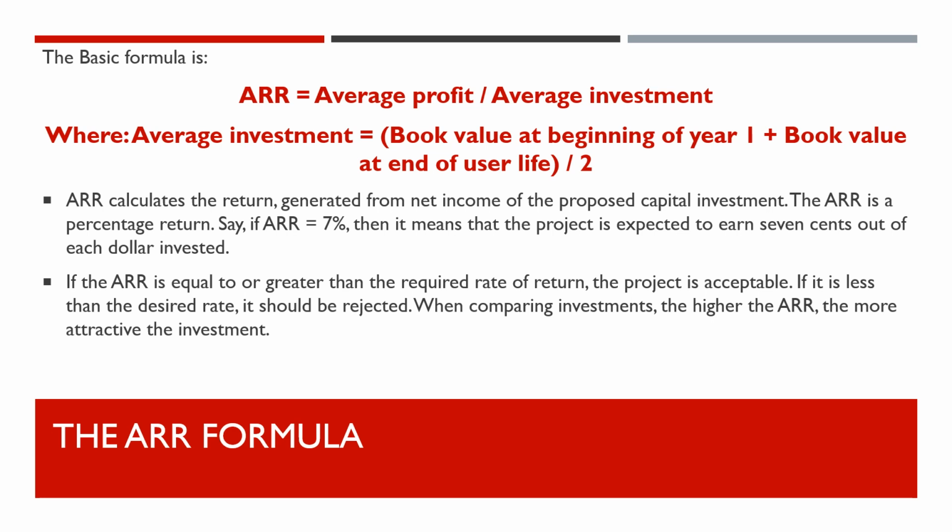The ARR is a percentage return. Say, if ARR equals 7%, then it means that the project is expected to earn 7 cents out of each dollar invested. If the ARR is equal to, or greater than the required rate of return, the project is acceptable. If it is less than the desired rate, it should be rejected. When comparing investments, the higher the ARR, the more attractive the investment.